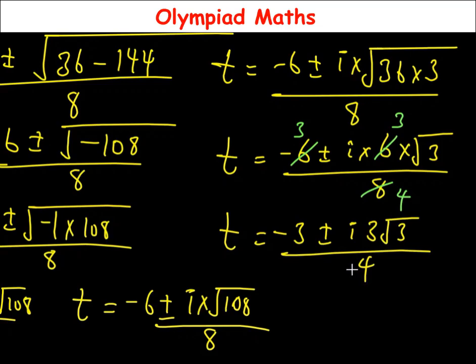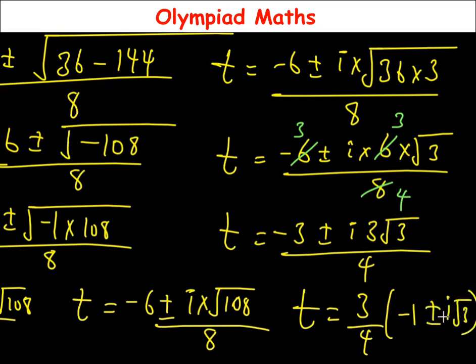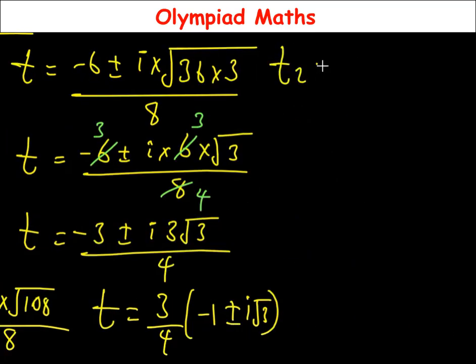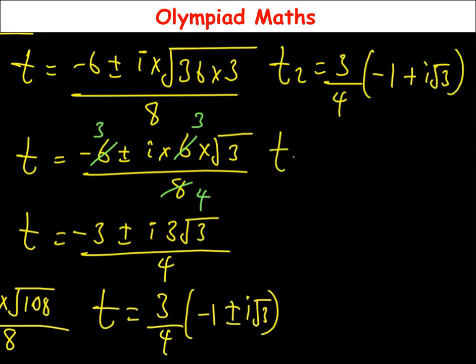With this, if we factorize out 3 over 4, t is equal to 3 over 4 multiplied by minus 1 plus or minus i root 3. So the value of t2 is equal to 3 over 4 multiplied by minus 1 plus i root 3, and the value of t3 is equal to 3 over 4 multiplied by minus 1 minus i root 3.